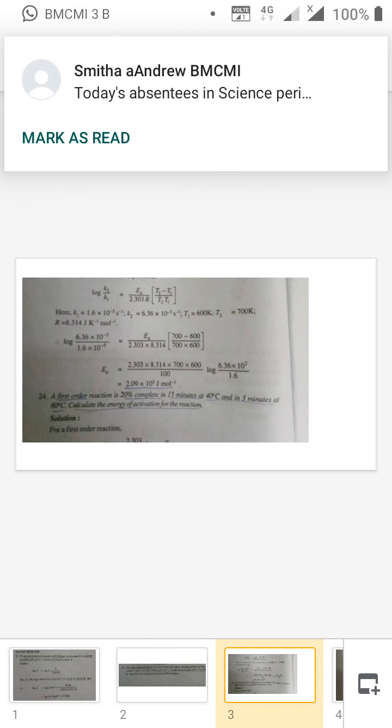Now we have already studied the second equation, that is log K2 by K1 is equal to EA by 2.303 R into T2 minus T1 divided by T2 T1, where K1, K2, T1 and T2 are given. It is direct substitution, a very easy question, and EA comes to 2.09 into 10 to the power 5 joule per mole. This type of question is very important for the university examination.